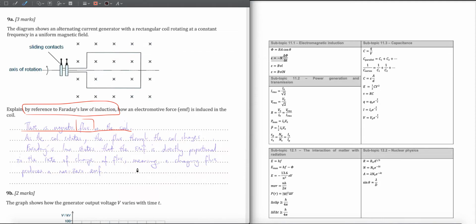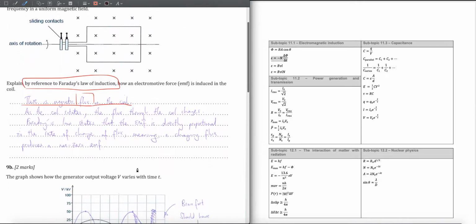Unfortunately, IB is quite brutal with this. If you don't know your field from your flux, then you'll probably end up with a very low score for this answer. However, there's quite a nice thing: just give a very explicit statement that there is some flux through the coil, and that will get you a mark.